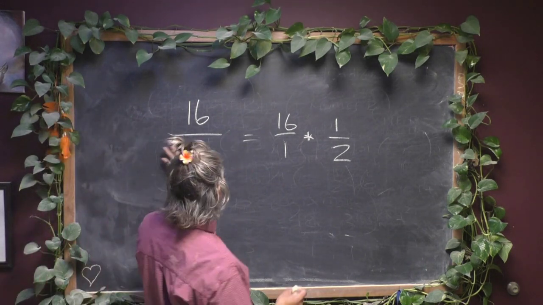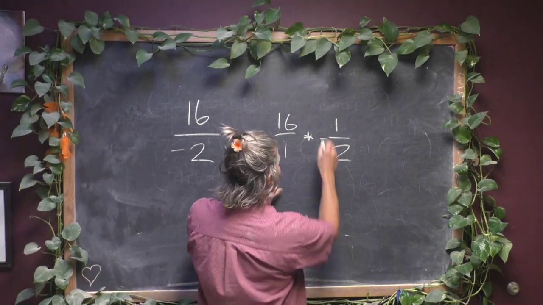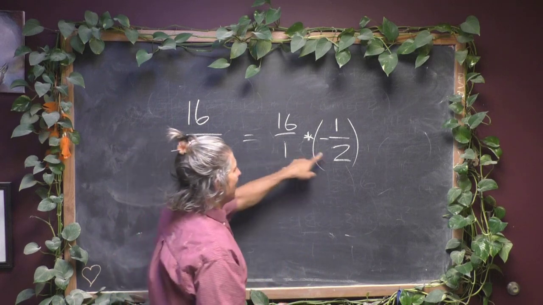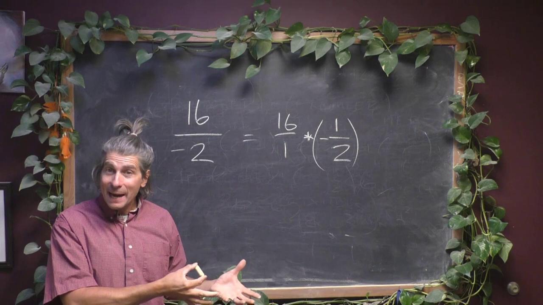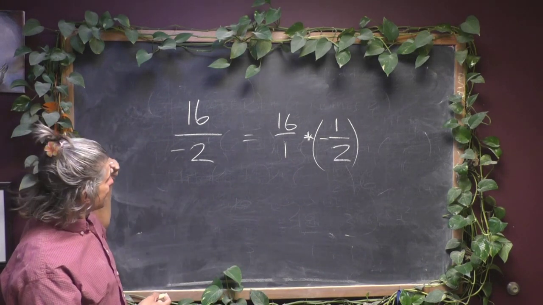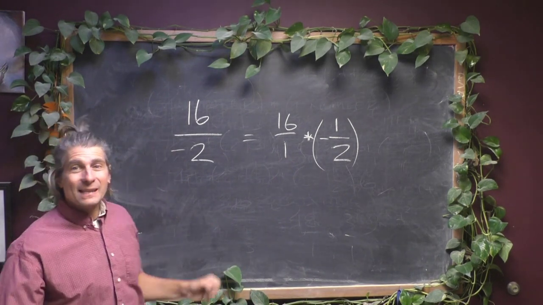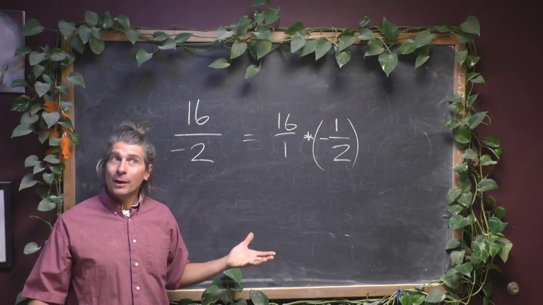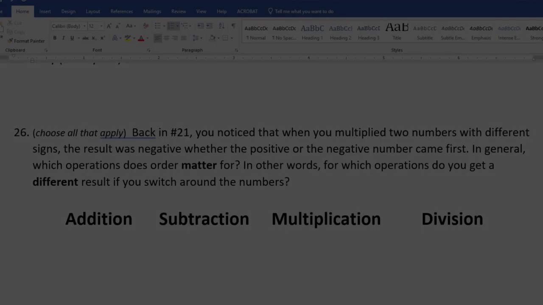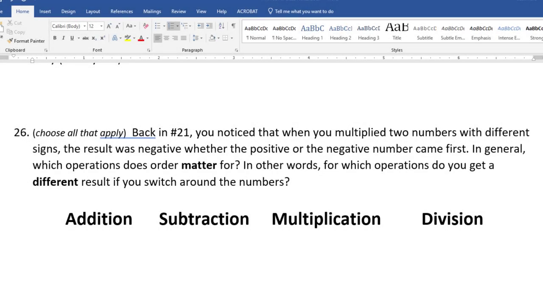Well, because rewriting it this way, you're multiplying a positive times a negative, which we've already established is negative. So it makes perfect sense that division should follow the same sign rules as multiplication, because division is another way of expressing multiplication.